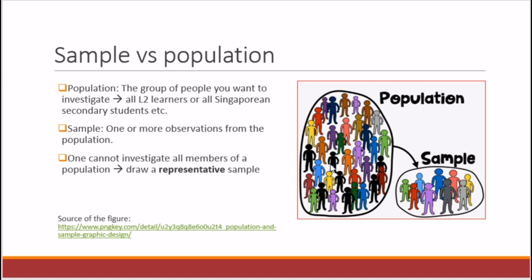Now from this population, you need to draw a sample. So those observations that you make from the population become your sample. Why do we do sampling?